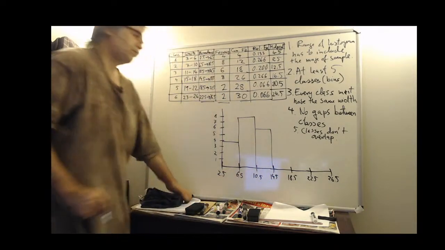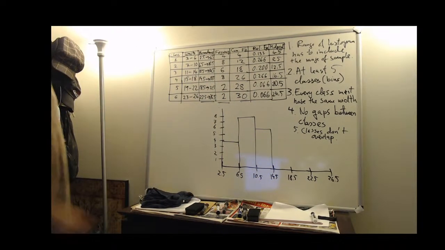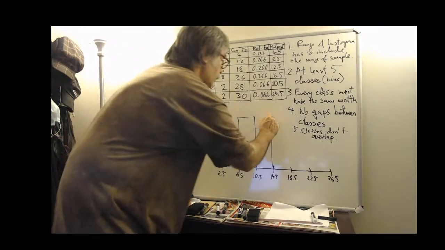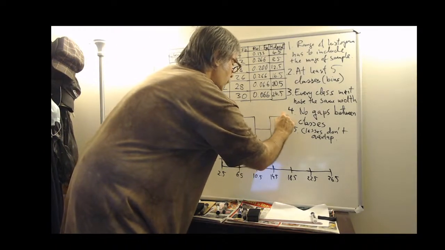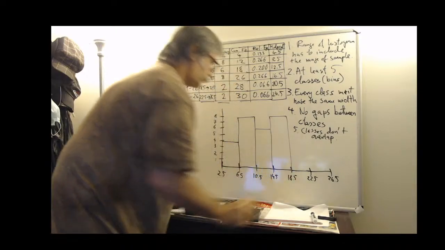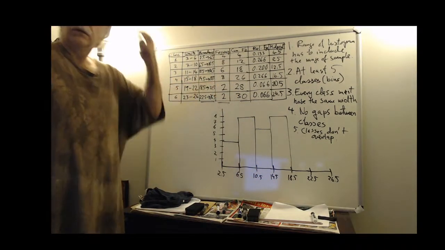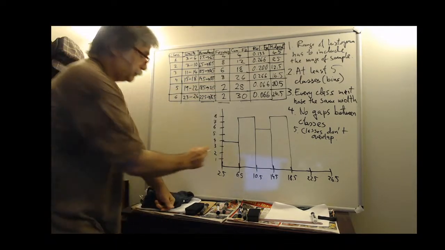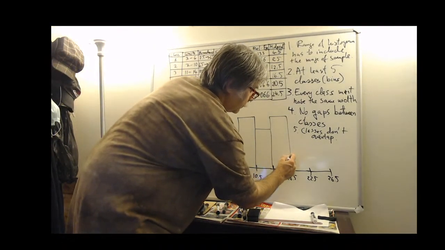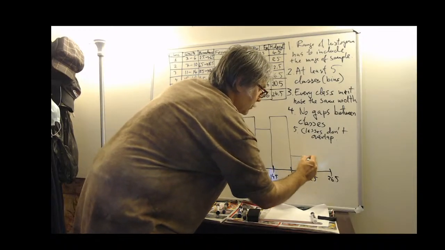Third bar. Another 8, the fourth bar. And the last 2 bars are 2 high each. 2, 2.